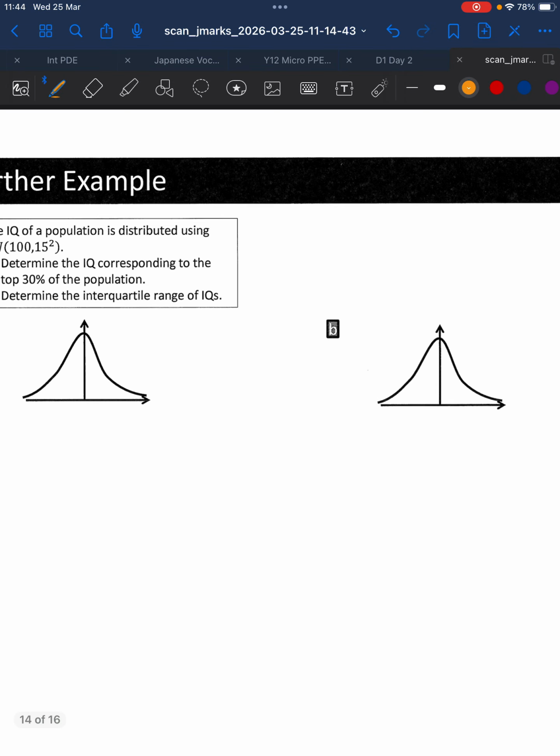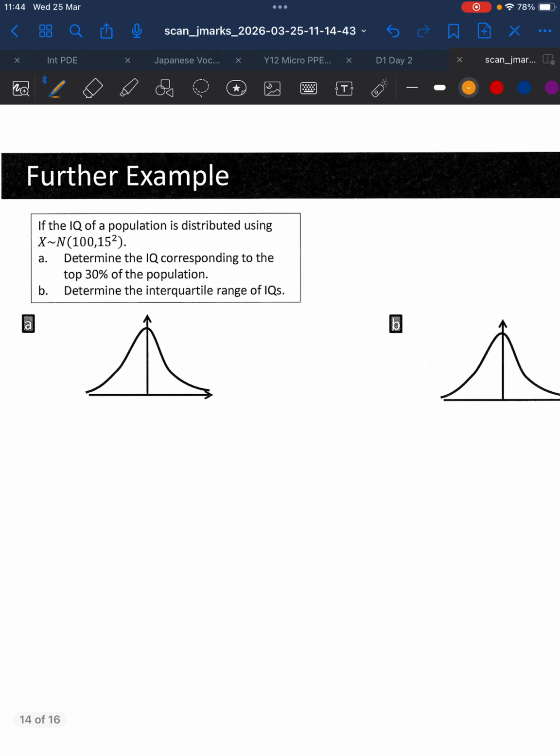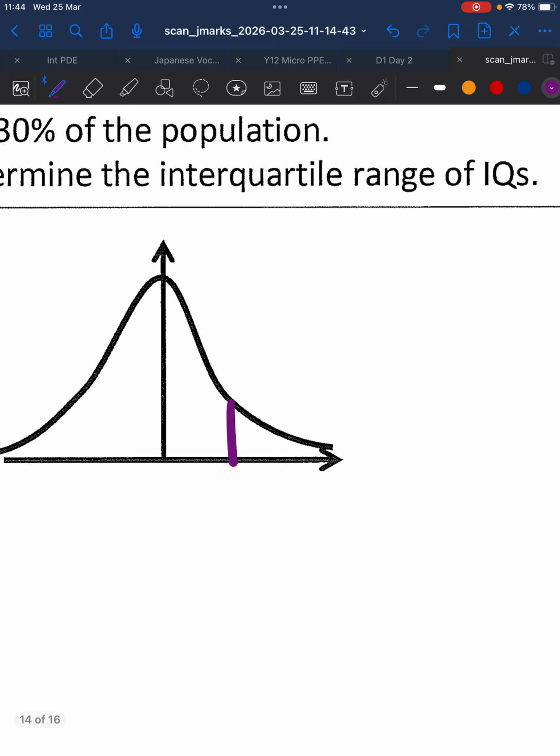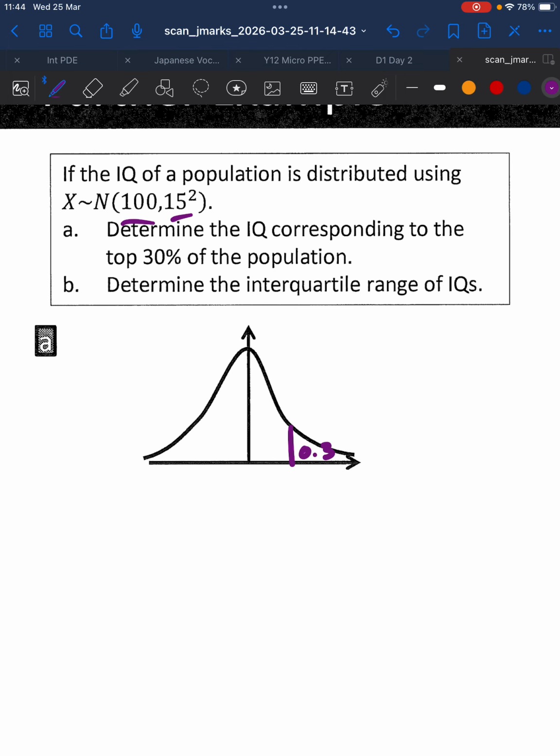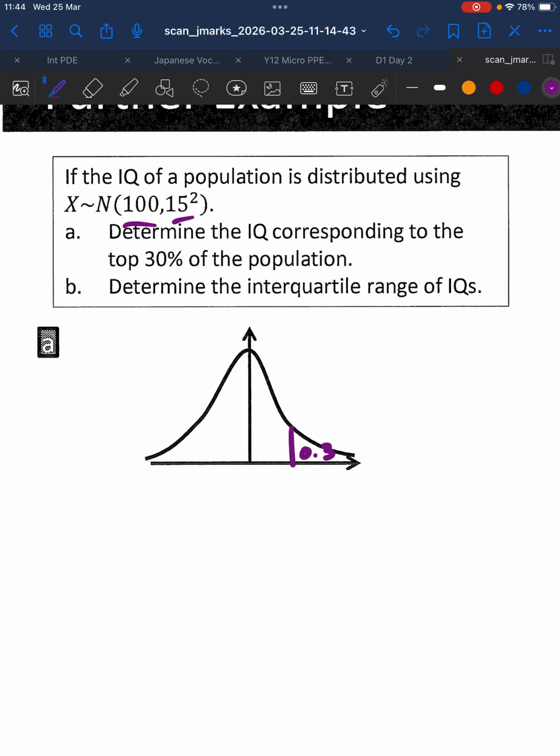Okay, we're going to do some further examples. So here we go. We're back on IQ again, with a mean of 100 and standard deviation of 15. It says, what IQ gives you the top 30%? Well, the top 30% means that I've got 0.7 below.